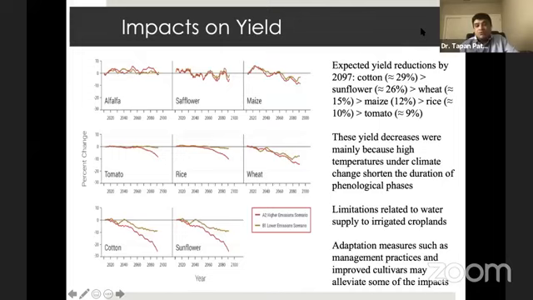Again, in this study, they did not look at water stress, which could be a major factor and could change those numbers quite a bit. And they did not look at any adaptation measures either. So this is a reference that you might experience yield decline quite significantly in some of those crops.